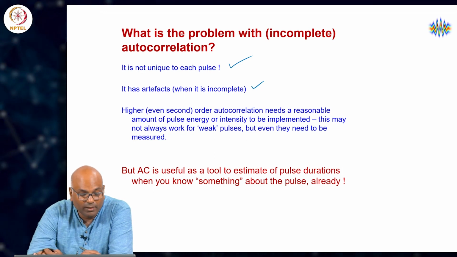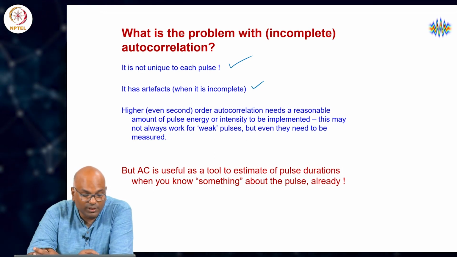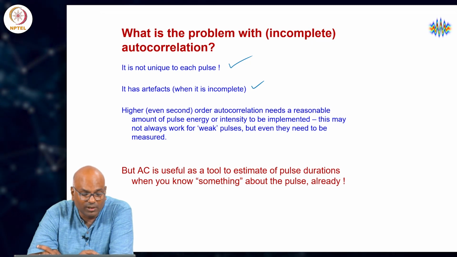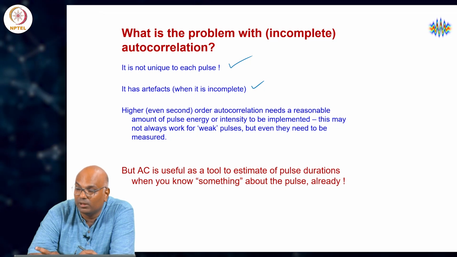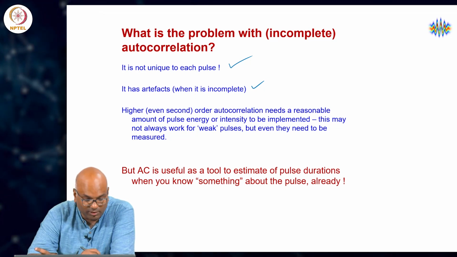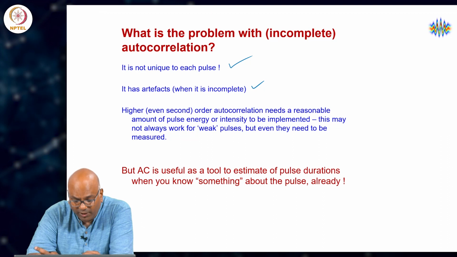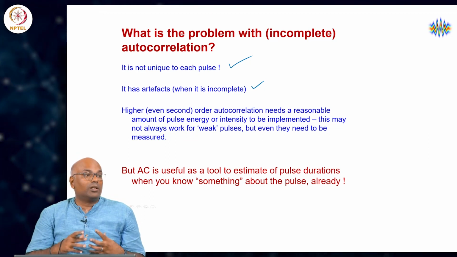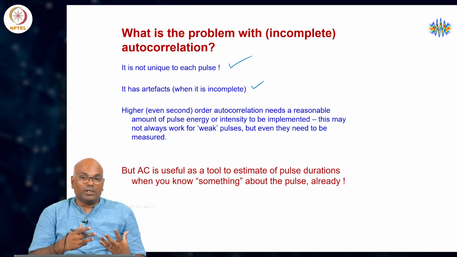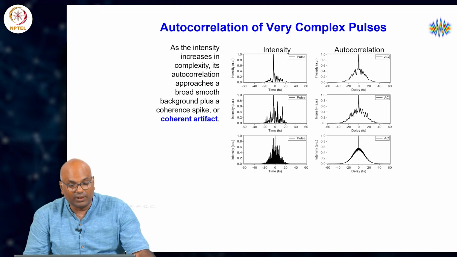And there are other issues like higher order autocorrelation requires that the primary pulse itself be strong enough to produce a reasonable higher order autocorrelation signal. So, autocorrelation is a very useful tool to know something about the pulse rather than do a complete pulse metrology and a test of things.